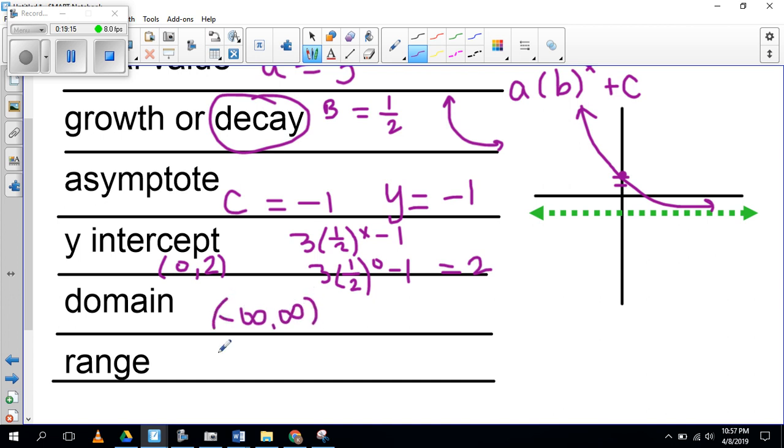And remember, our range is our C value, which is our C value of -1, that's what we had, to infinity. Okay, so now pause the video and now try the next example that should be very similar to this example.